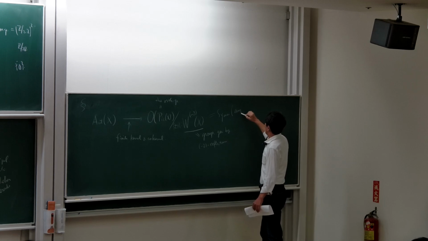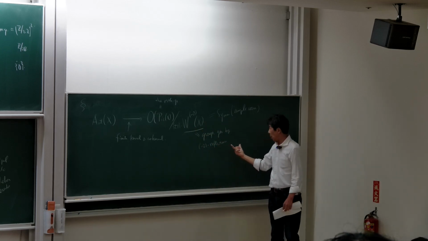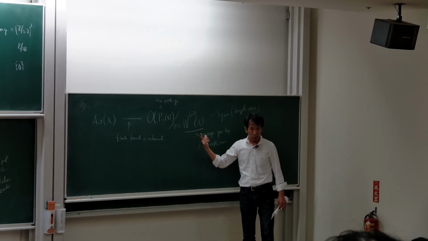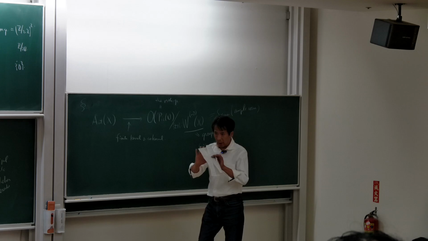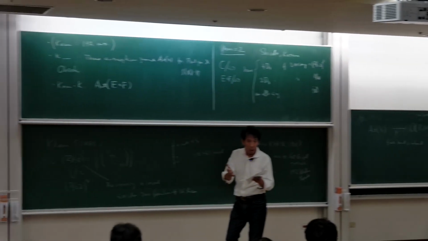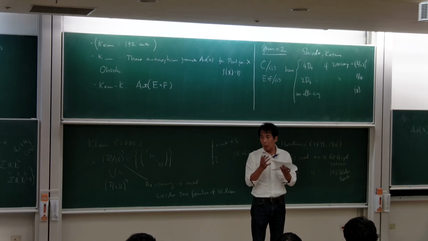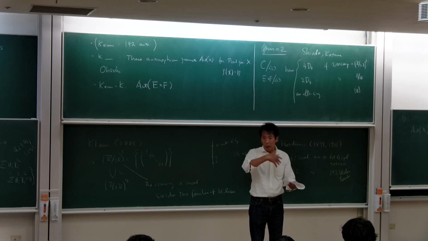So the ample cone is a fundamental domain of this reflection group. But the Kummer surface has infinitely many automorphisms. So the ample cone has infinitely many faces. So it's difficult, it's impossible to find its symmetry.